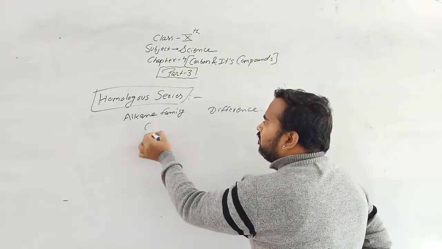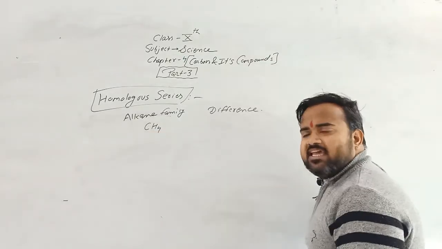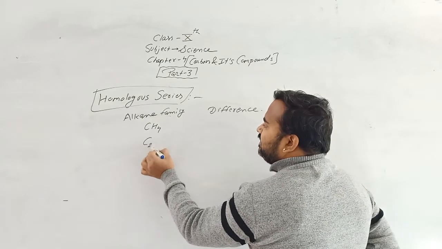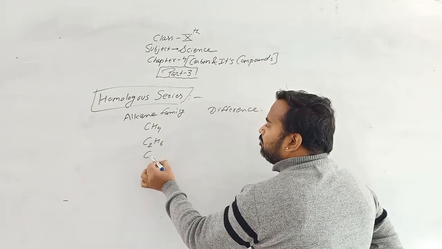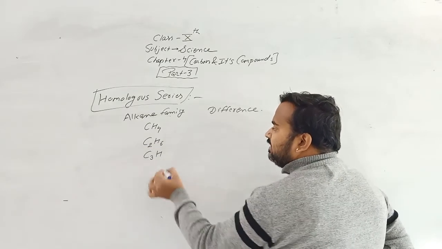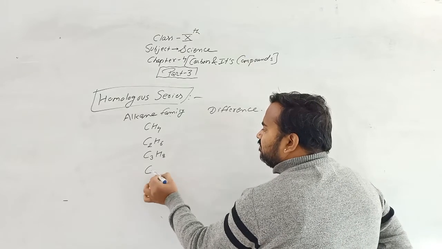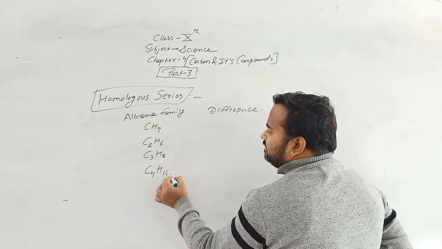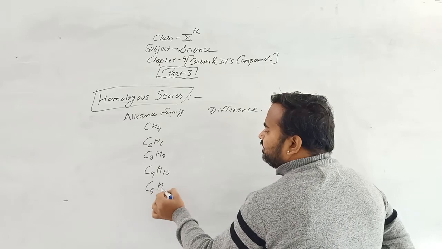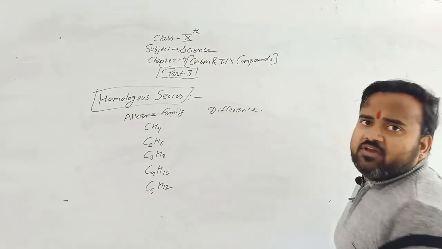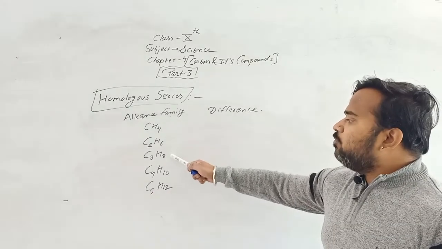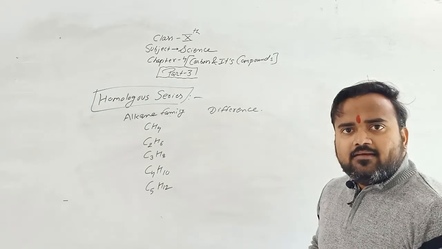First I draw methane, then ethane, C2H6, propane, C3H8, C4H10, and C5H12. This is the alkane family: methane, ethane, propane, butane, and pentane.